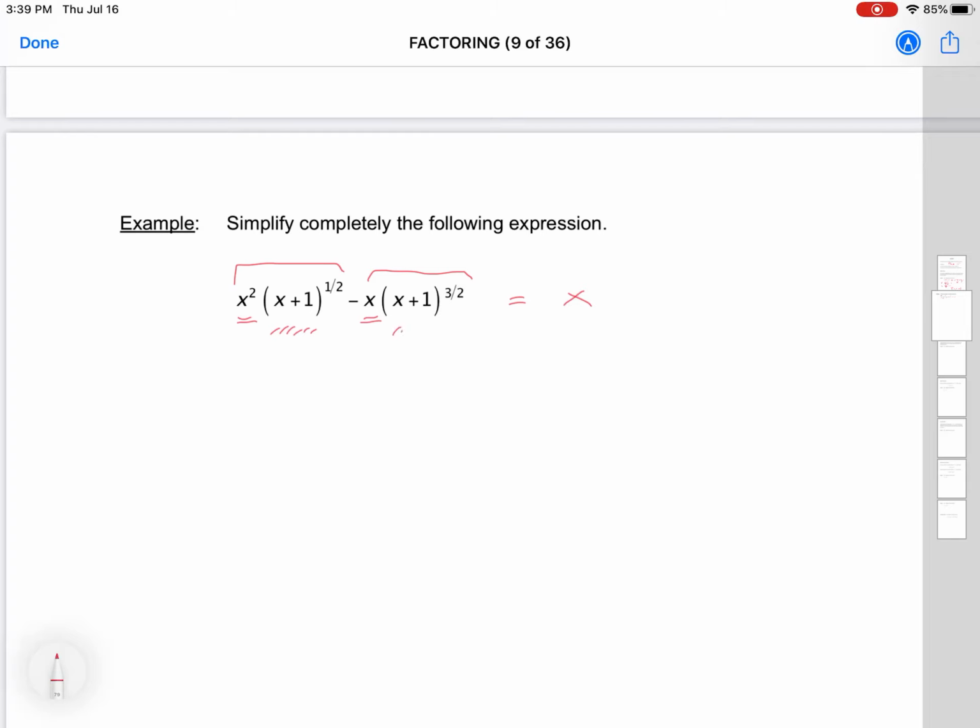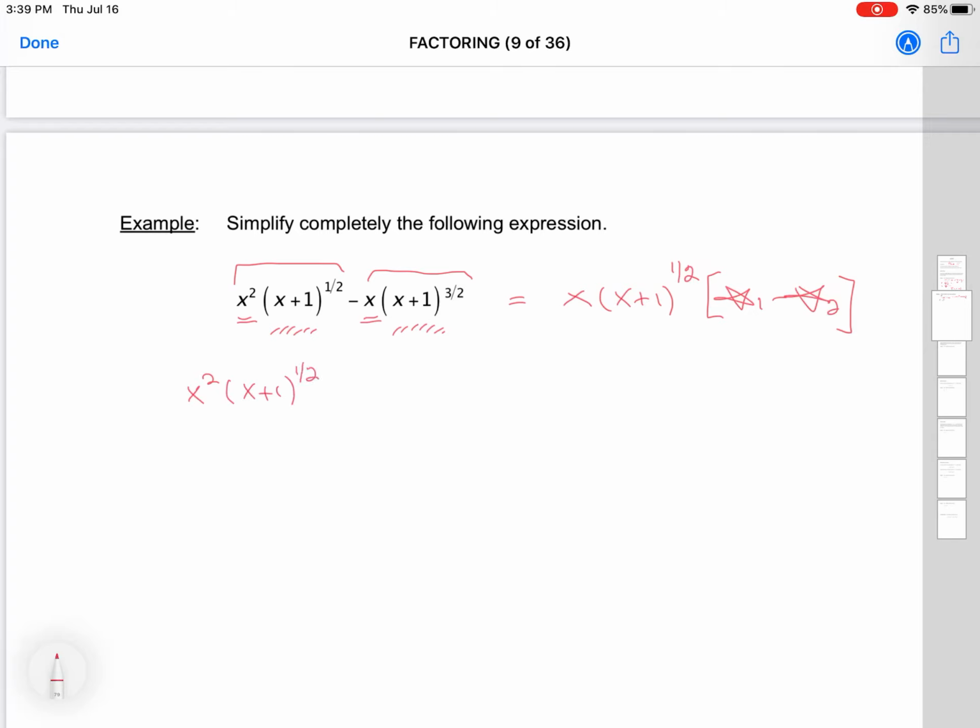And here I have an x plus 1 to the 1/2 and an x plus 1 to the 3/2. Again, the idea: take out the common term with the lowest exponent. So here we go again, star 1 and star 2. And how do we find those? Again, same procedure as before.